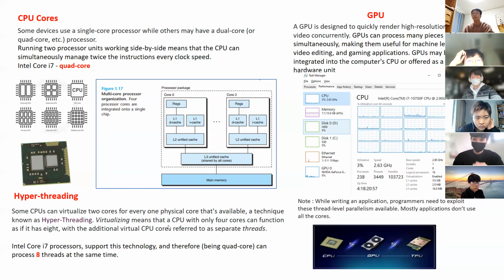So virtualizing means that a CPU with only 4 cores can function as if it has 8 cores. These additional virtual CPU cores are referred to as separate threads. Basically this mechanism is based on the threading mechanism. That's why it is called hyper threading.